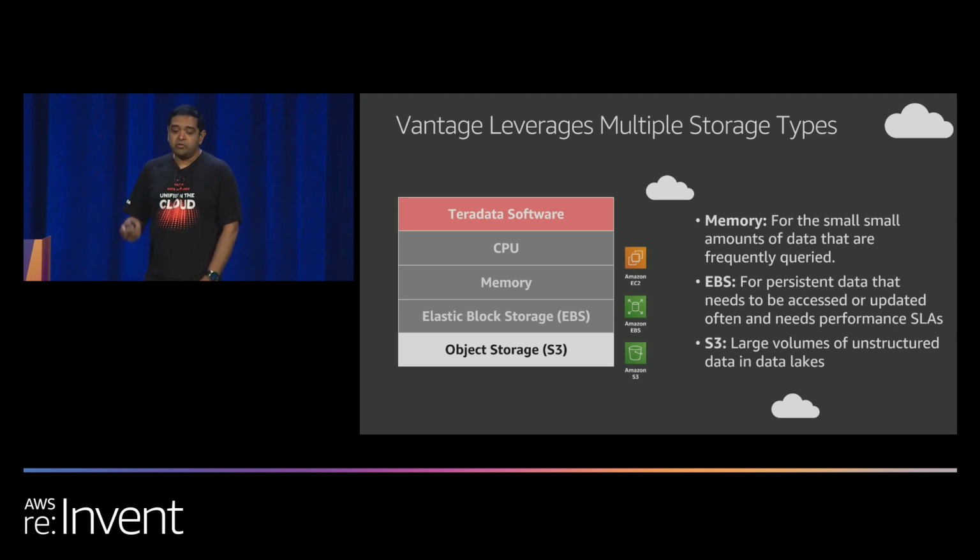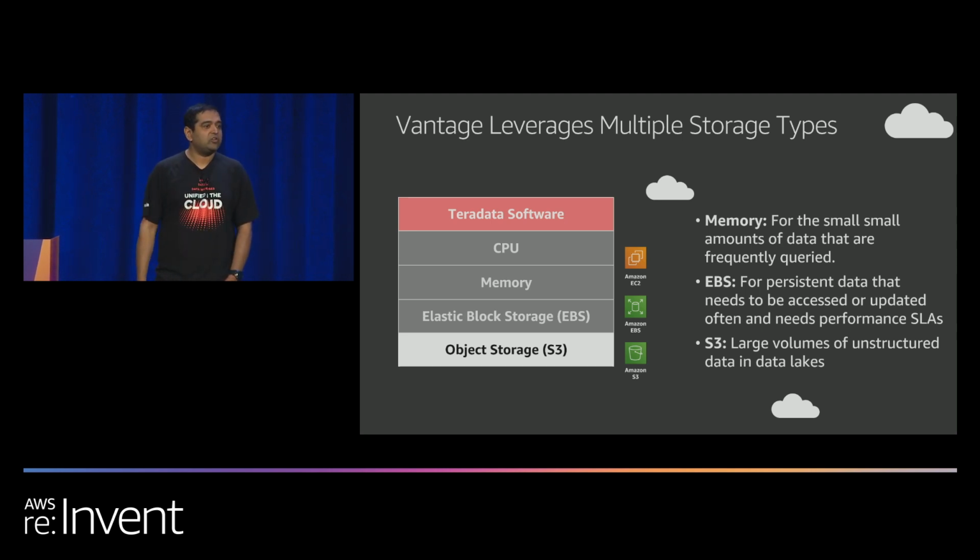So for frequently accessed data that are accessed quickly and where performance is very critical, memory is leveraged, including local memory plus NVMe memory if the instance supports that. EBS we use for persistent data that needs to be updated quite often, but you still need performance SLAs on it. And then S3-based data lakes, if data scientists and others want to query a large amount of unstructured data in data lakes.